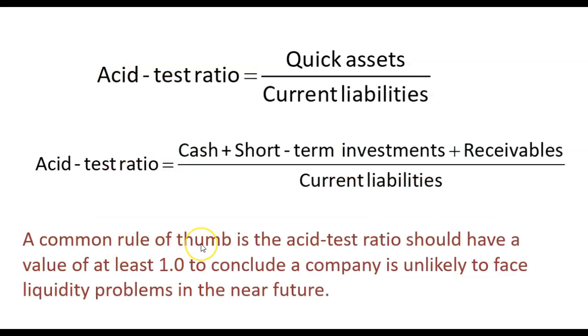Given the common rule of thumb that the acid test ratio should be at least 1.0 to conclude that the company is unlikely to face liquidity problems in the near future, please assess Jamison's ability to face its liquidity problems in the near future.